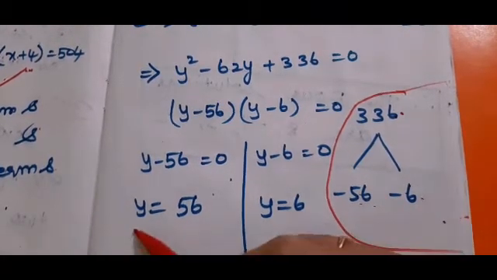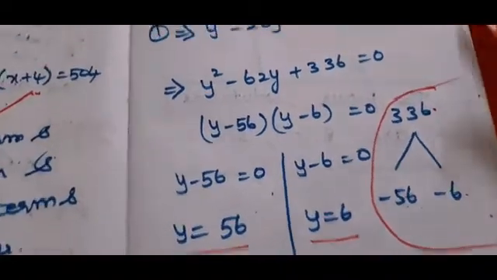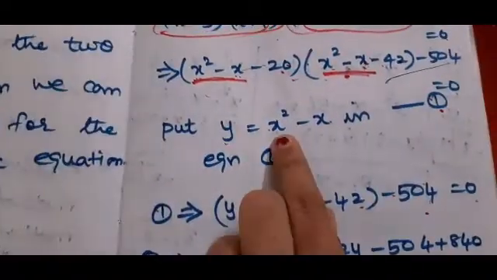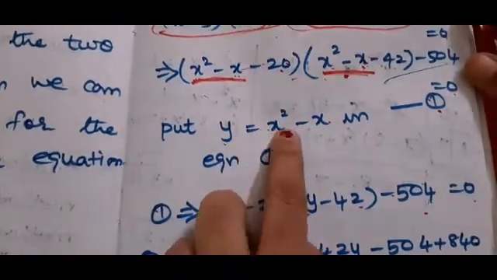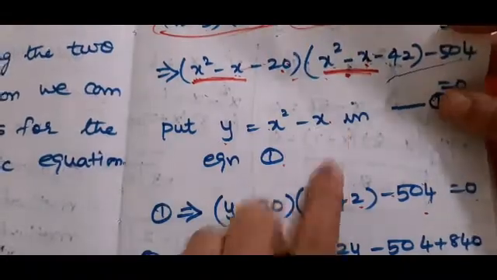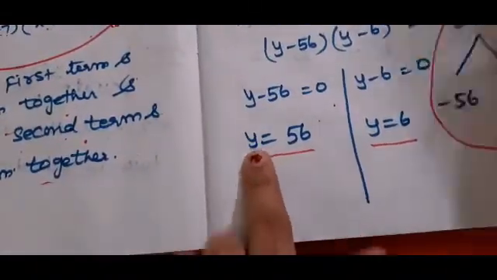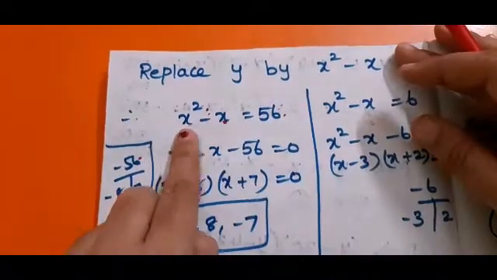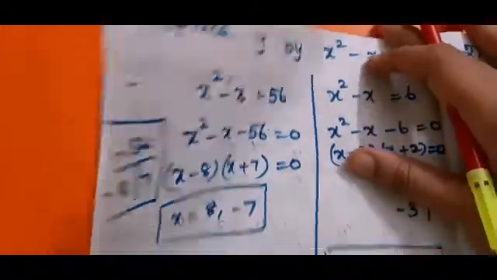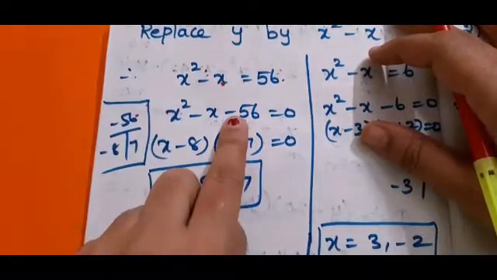So now once you get the answer for y, it should be replaced by what you have taken here, x² − x. So you should replace y by x² − x. So x² − x = 56. This positive 56 I am going to take to this side, that will be −56.